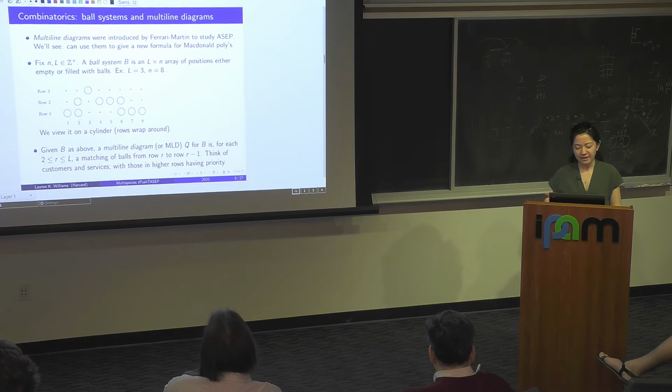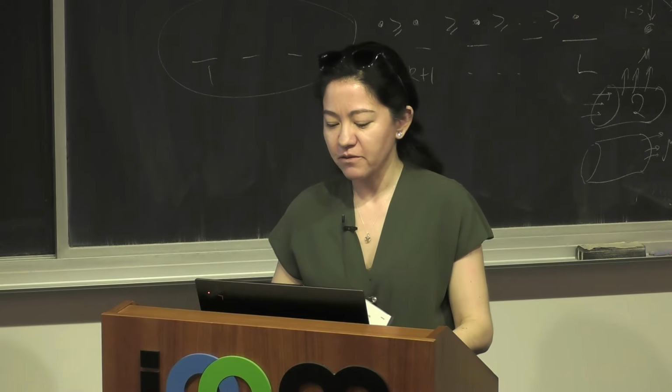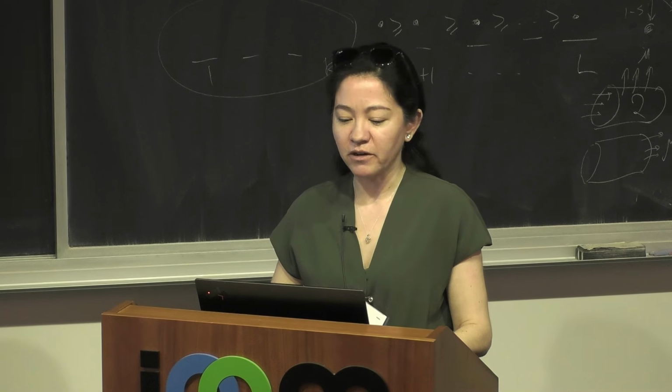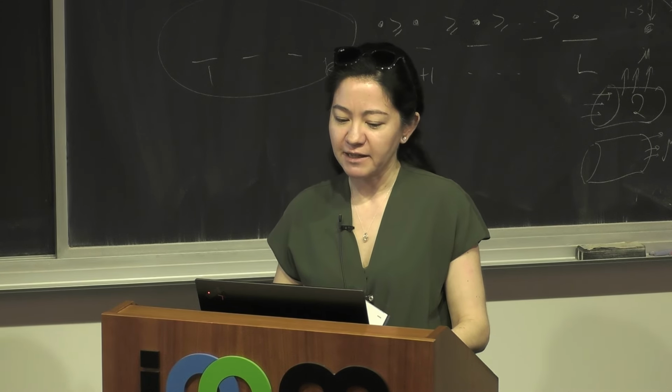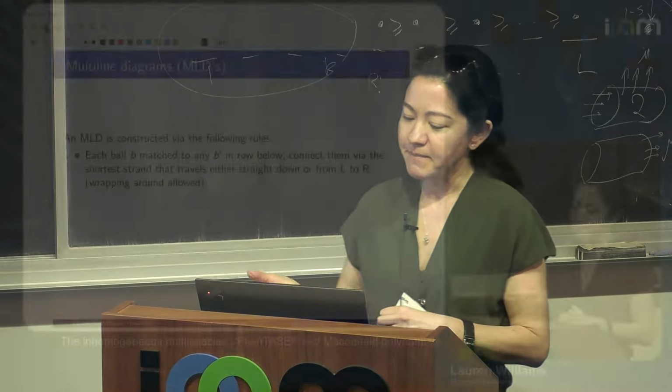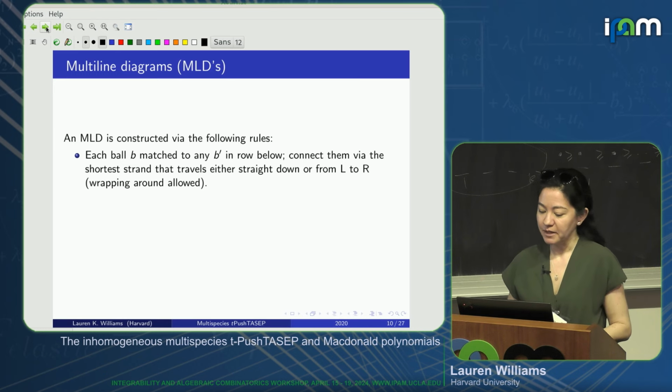And as we've seen in Arvin's talk, we should be thinking of customers and services with those in higher rows having priority. So this is how we can construct a multi-line diagram. Every ball B gets matched to a ball, any ball, B prime in the row below.